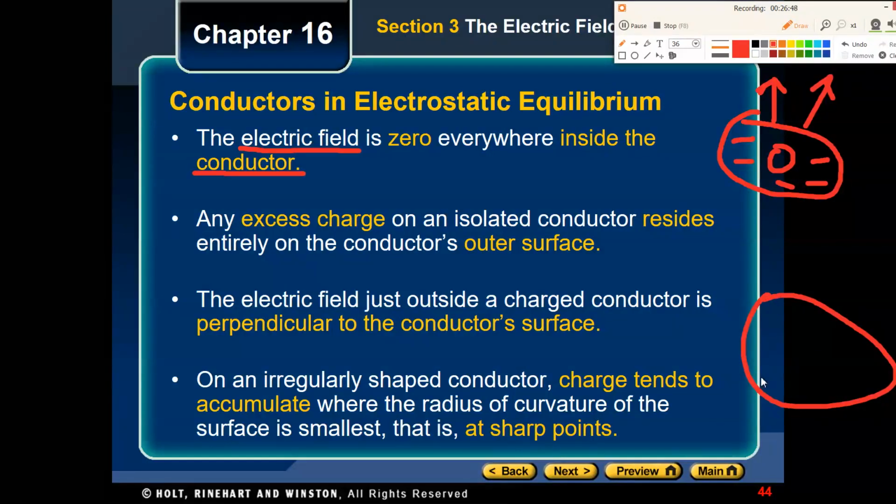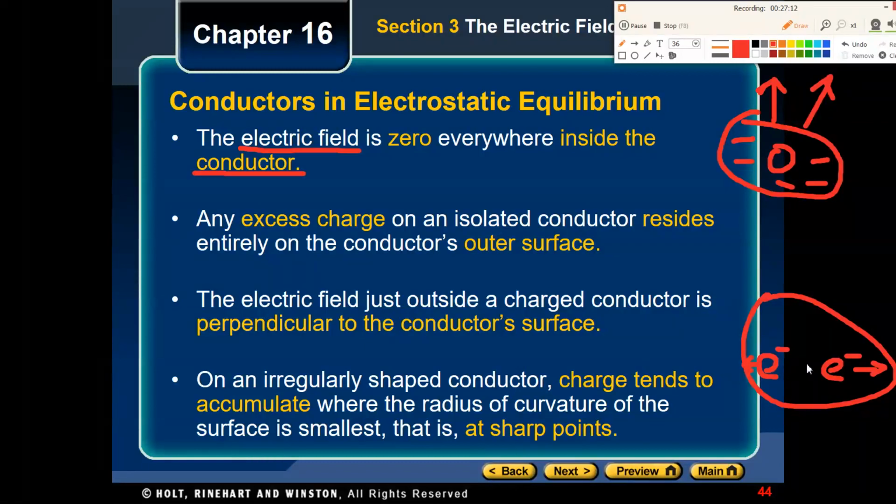So we can draw this one. Two negative charges are going to repel each other, so they have to move away until they reach the surface. They can no longer move. So all the charged particles are going to be on the surface of a conductor. No charge within the conductor because of the repulsion between the charged particles.